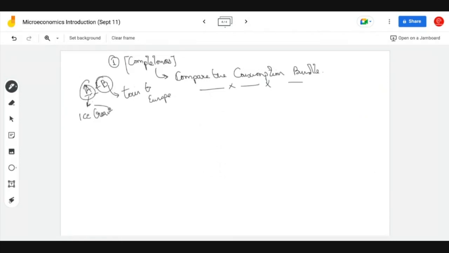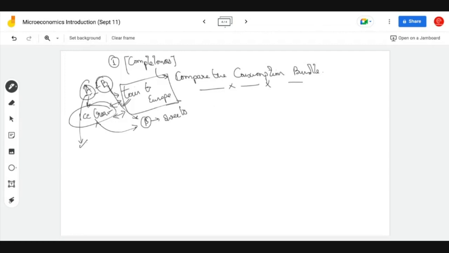So these are two different categories of consumption bundle. So how can we compare them? Yes, if A is, let's say, a trip to Australia or South Africa or South America, then we can compare it with the trip to Europe. Or if B is sweets, then we can compare. However, if we have these two different kinds of consumption bundles, we cannot compare.